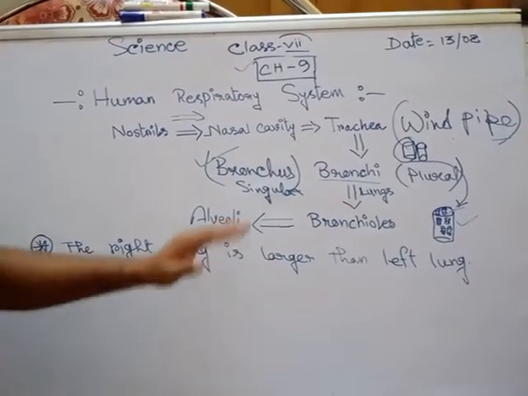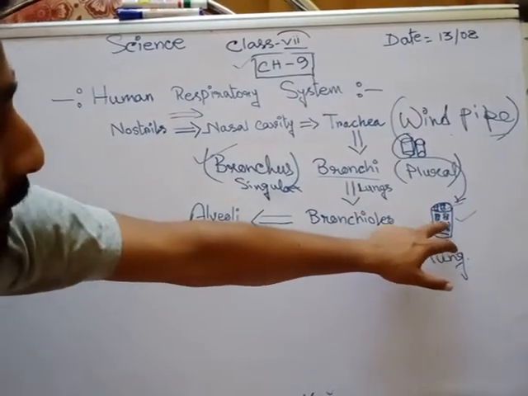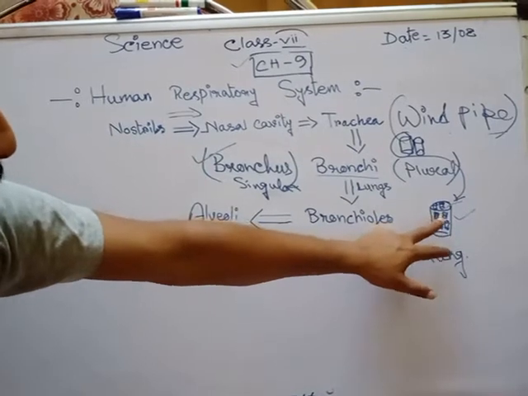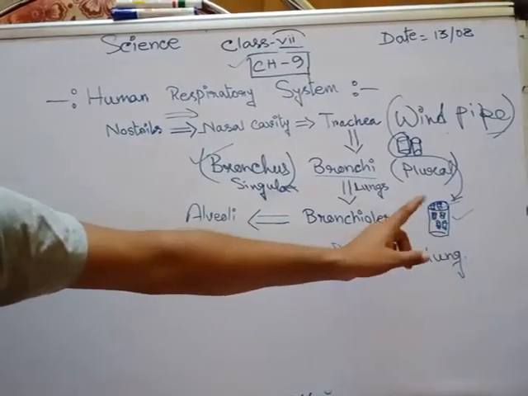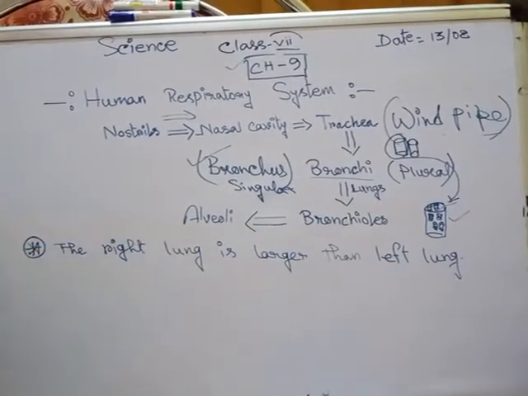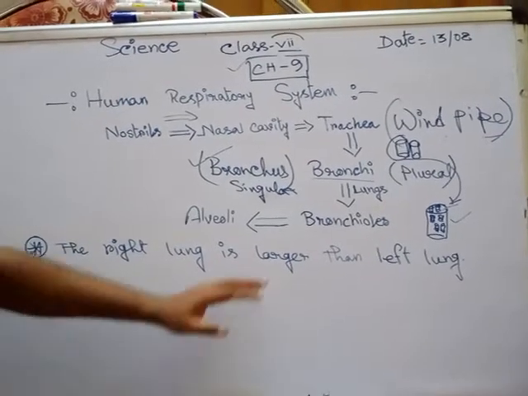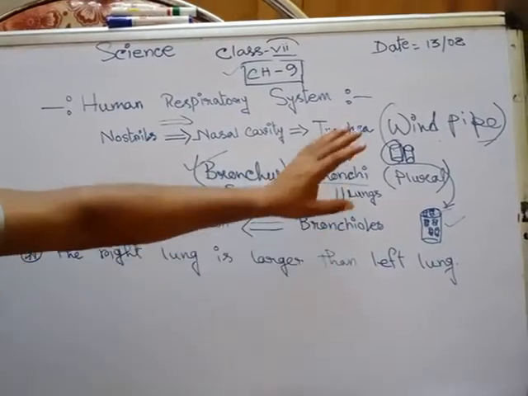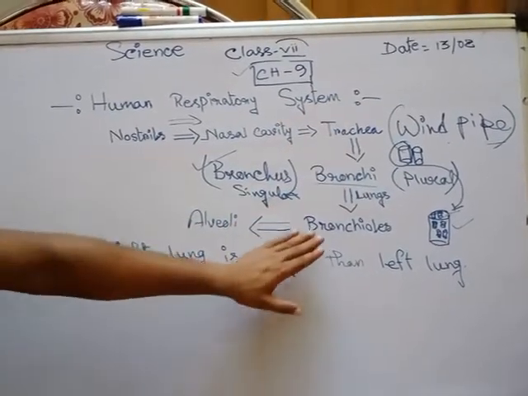Then at the end portion of each bronchiole, teeny air sacs are present, which are called the alveoli.